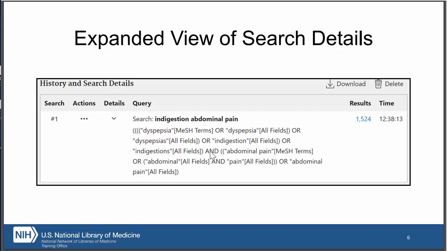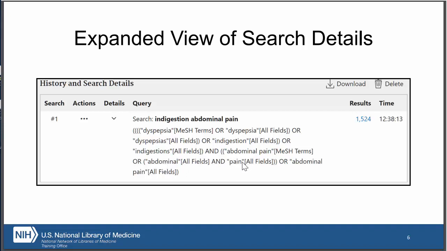Then that gets ANDed with abdominal pain, the MeSH term, once again bringing in Medline citations. And that is ORed with abdominal, ANDed with pain. So what happens here with automatic term mapping is when there is a two-word MeSH term, such as abdominal pain, a two or more word MeSH term, I should say, ATM breaks up the term into its pieces, searches for each part in all fields, and ANDs them together with the other parts.